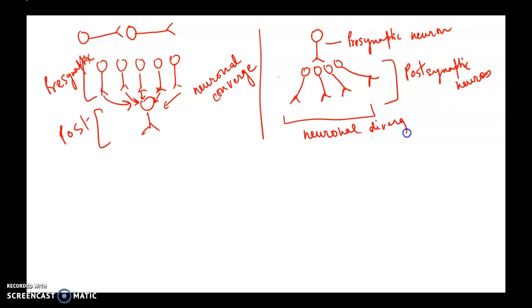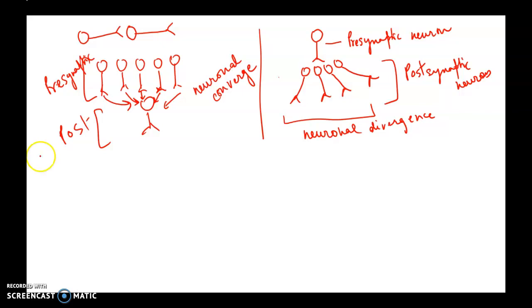Okay, really important concept, because we will talk about this when we explain graded potential. Okay, so again, it is not always one neuron talking to another neuron. We can have a lot of neurons talking to one postsynaptic neuron, or we can have just one presynaptic neuron talking to many postsynaptic neurons. In the first case, we call it neuronal convergence, and in the second case, we call it neuronal divergence.